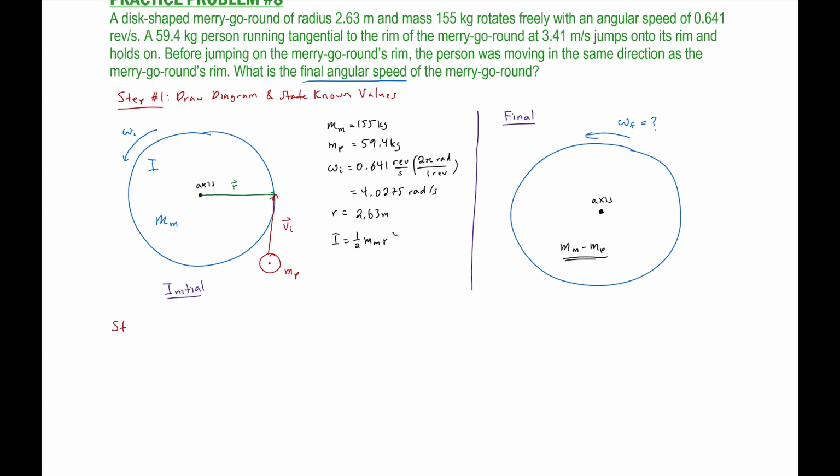So the next step, where do we go from here? We might as well start applying the conservation of momentum and solve for the unknown value.